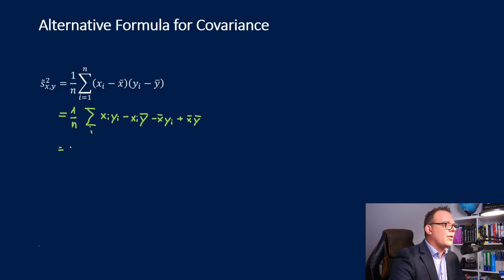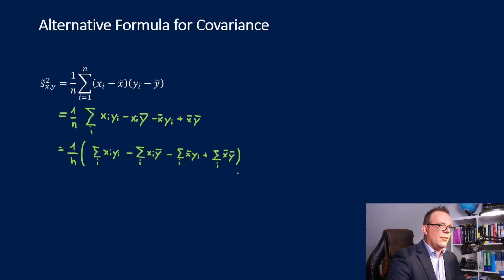Of course I need some brackets then. 1 divided by n, brackets, and I sum across all i: xi yi, minus, we have to keep the minus, the sum across all i, xi y bar, minus the sum across all i, x bar yi, and plus the sum across all i, x bar y bar, and closing brackets.